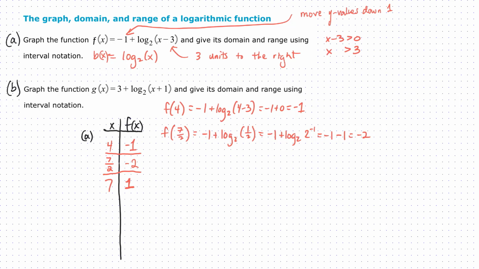With the transformation, we also need to identify something very, very important, and that is called a vertical asymptote. So make sure you're able to identify the vertical asymptote. I'm going to write this in a different color.